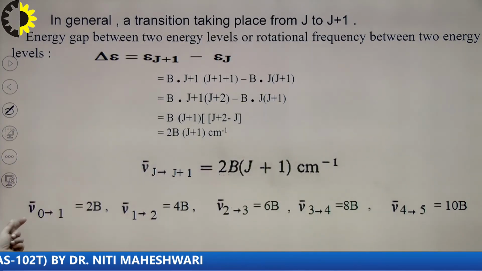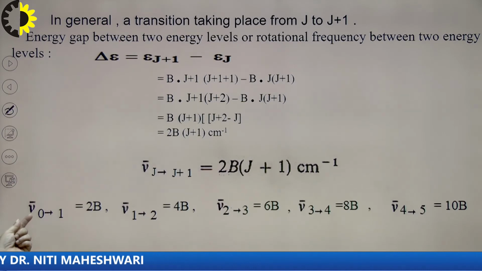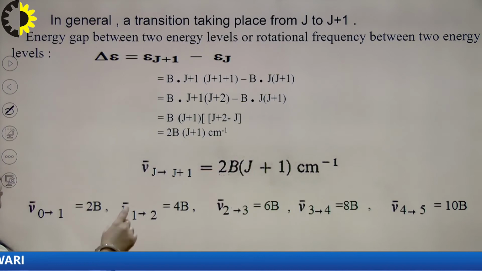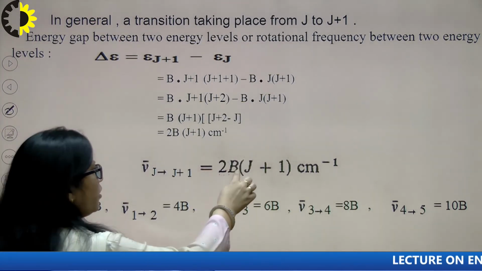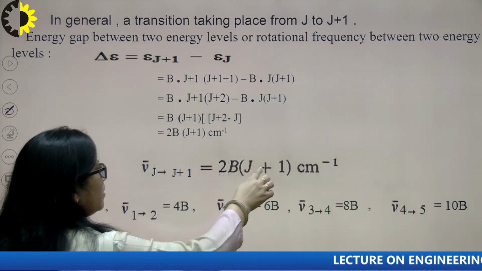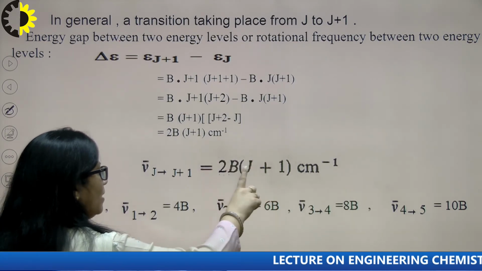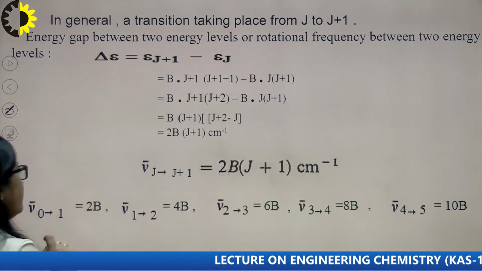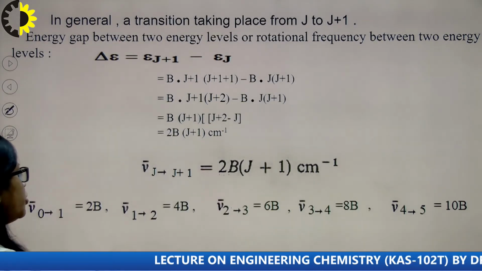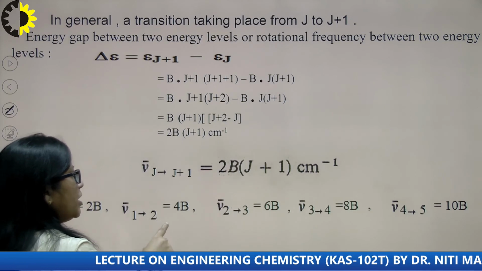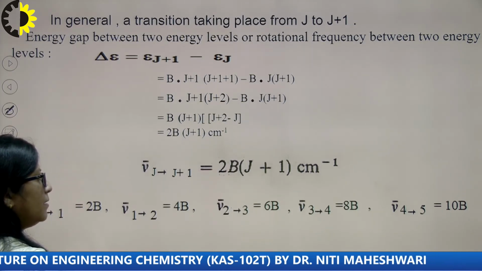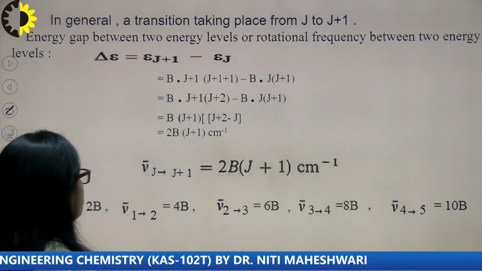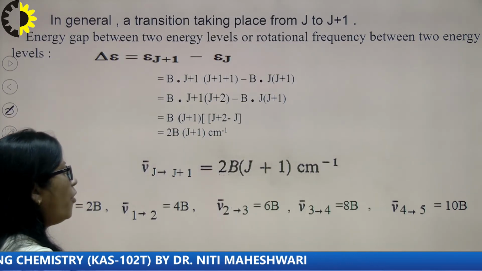So, on moving from the 0 rotational level to the first, 0 plus 1, 1 multiplied by 2B, it is going to give you 2B. On changing from 1 to 2, it is going to become 4B.